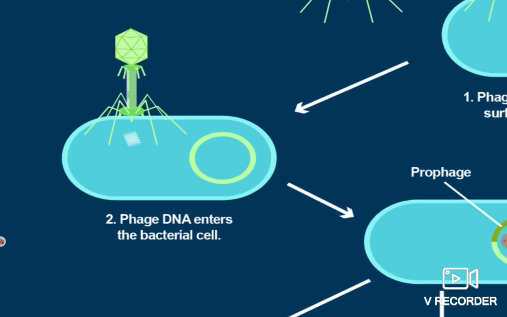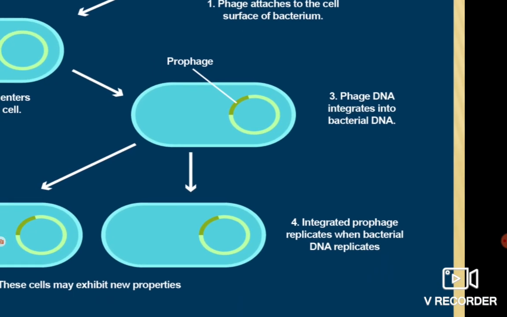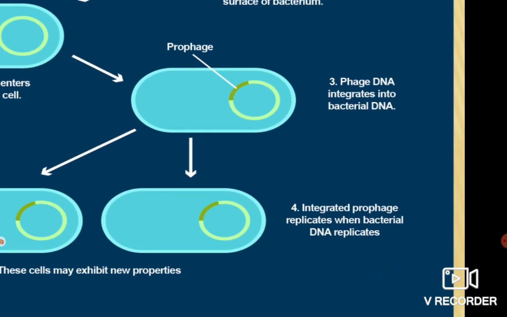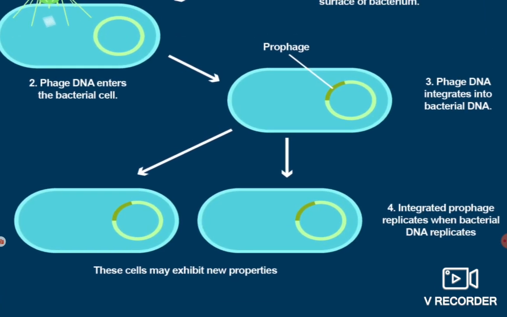After that, the DNA of the virus enters into the bacterial cell. Then it governs the machinery of that bacterium. Phage DNA integrates into the bacterial cell. And the integrated prophage replicates when bacterial DNA replicates.